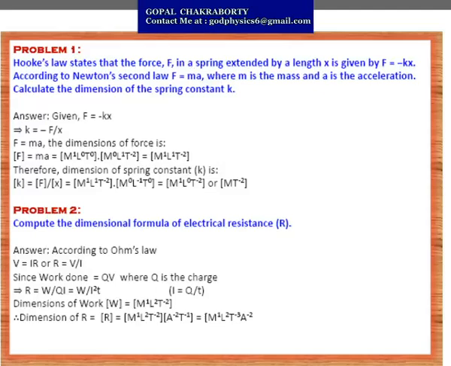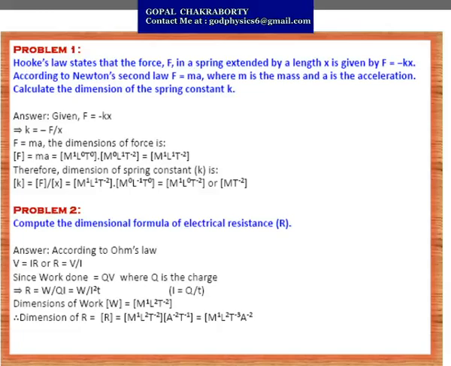Therefore the dimension of spring constant k can be written as k equals F by x. Now you substitute the dimension of F and the dimension of x, so that will give you M to the power 1 L to the power 1 T to the power minus 2, divided by M to the power 0 L to the power minus 1 T to the power 0.